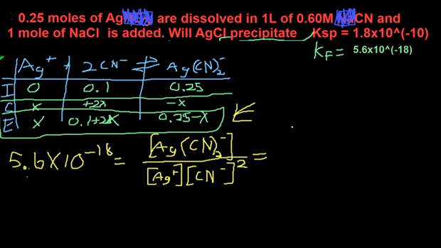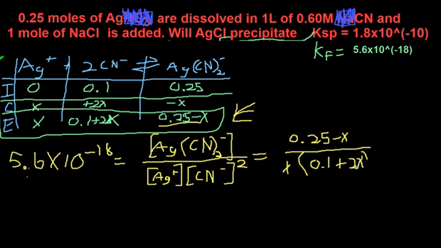So Ag(CN)2 minus is 0.25 minus x, over silver, which is x, times cyanide, which is 0.1 plus 2x, and this is squared.